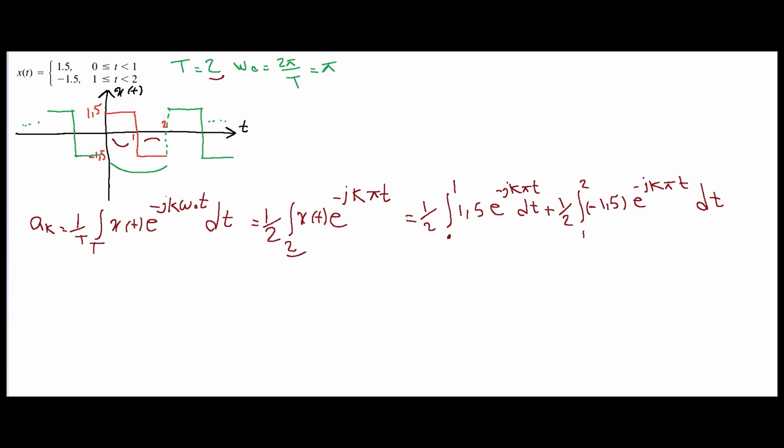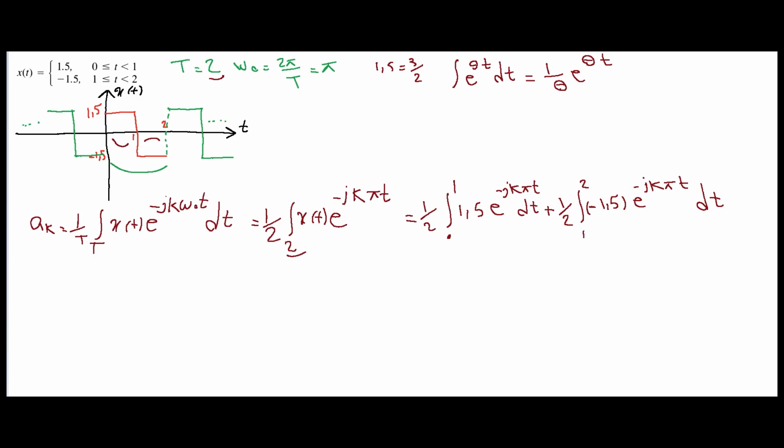Before continuing, let's recall another useful integration formula. The integral of e to the power of θt with respect to t is equal to 1/θ times e to the power of θt. Now we apply this formula to both integrals.